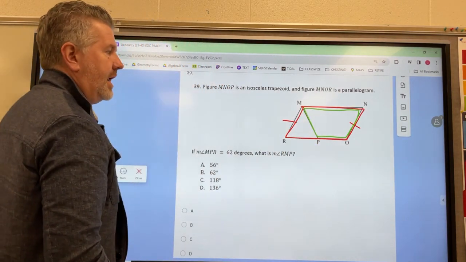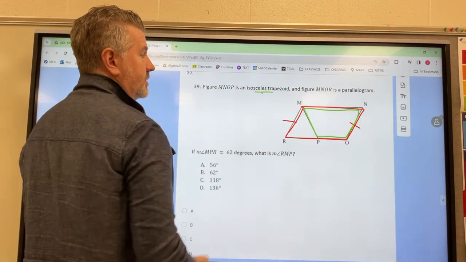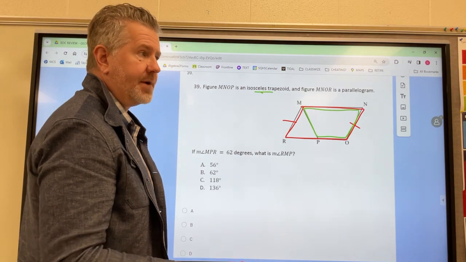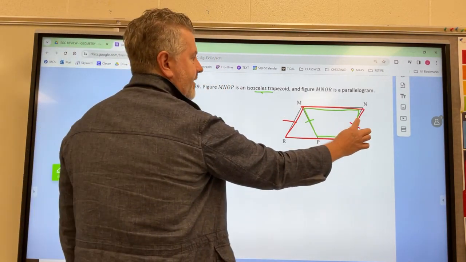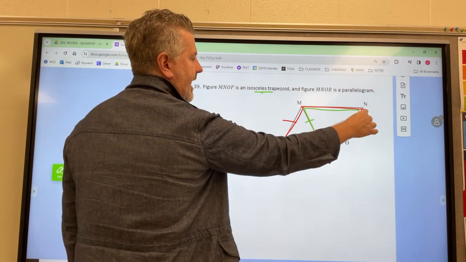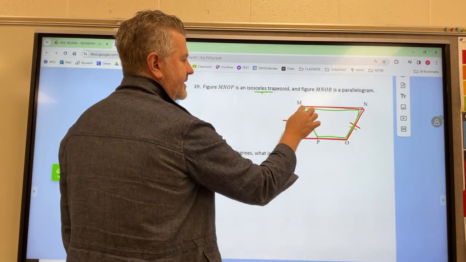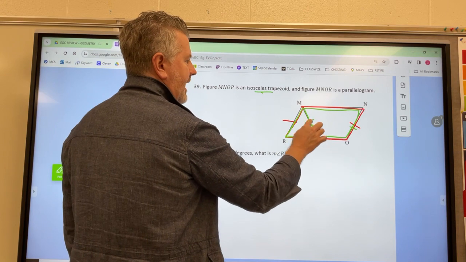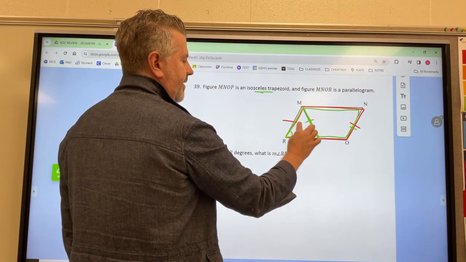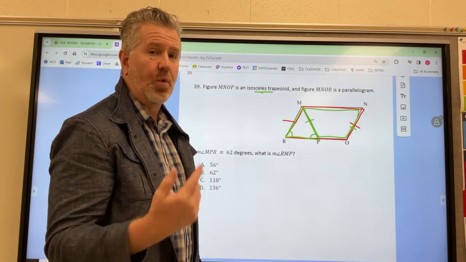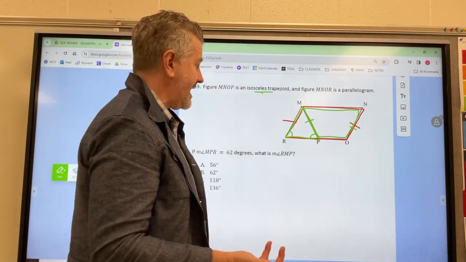That's the trapezoid, and it's an isosceles trapezoid, so that means that the two non-parallel sides are equal. So that side is equal to that side. Well, if this side is equal to this, and that is equal to that, then this is an isosceles triangle also, which means that the angles across from the equal sides are equal.